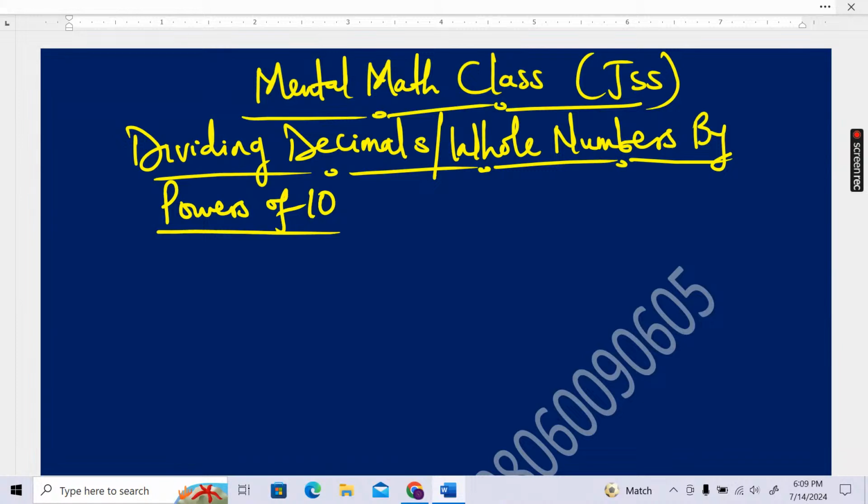When dividing any decimal number and also whole numbers by powers of 10, move the decimal point to the left. So let's quickly run through.